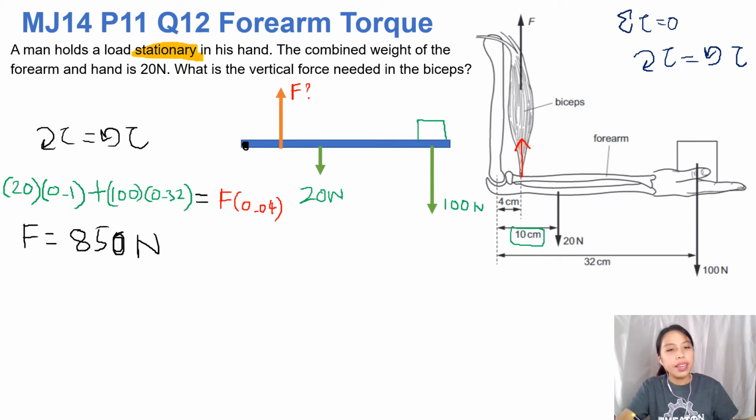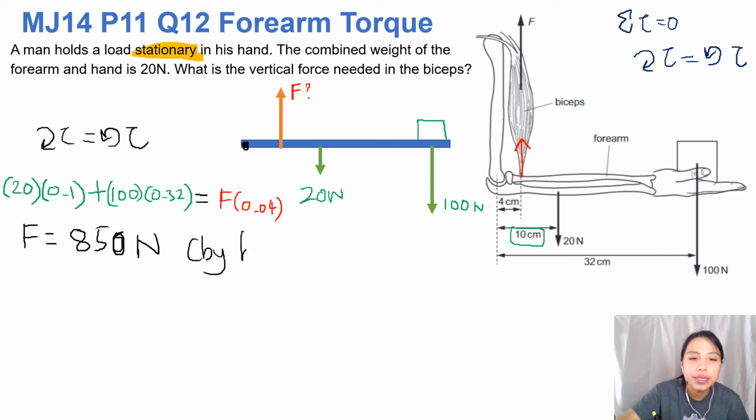There we go. So this means the poor biceps muscle has to exert a force of 850 newtons, which is about, wow, if you change that to kg, that's about 85 kg. Okay, so 850 newtons by the bicep muscle.